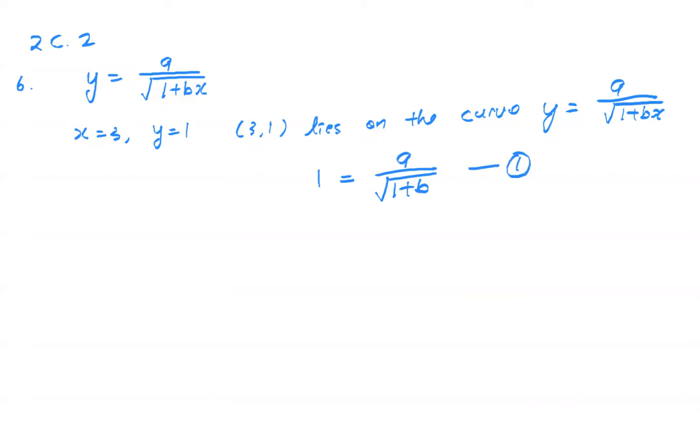Am I right? The next information is that when x equals 3, dy/dx is equal to negative 1 over 8. That means for this curve, at the point x equals 3, the gradient is negative 1 over 8.